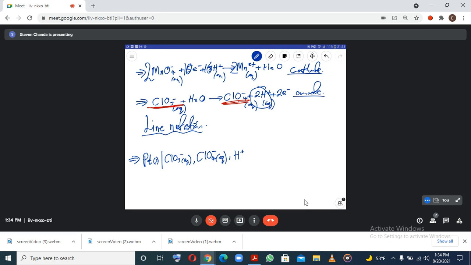This one should be 5, because you're multiplying by 5. This one should be 10, then this one should be 10. Then the electrons can cancel. Anyway, we did that, but just take note that I'm not writing those coefficients.